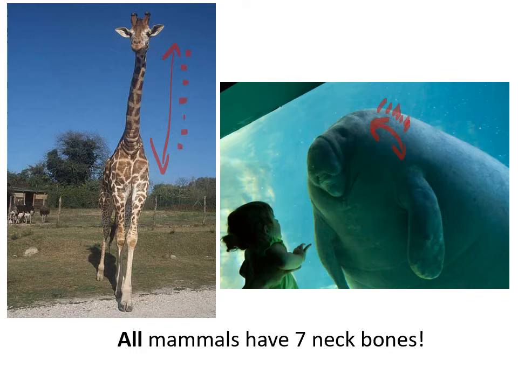They both have 7 neck bones. And so it doesn't make any sense why a manatee with no neck and a giraffe with a huge neck would have the same number of neck bones in them, unless, of course, they came from a common ancestor. So if there was a common ancestor that had 7 neck bones that evolved into a giraffe and evolved into the manatee, that would make sense why a giraffe and a manatee both have 7 neck bones.